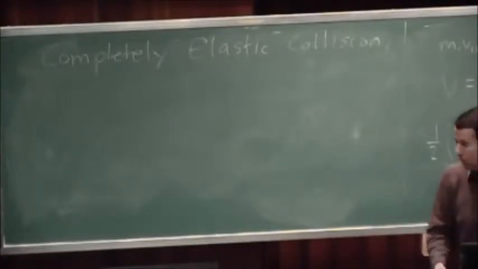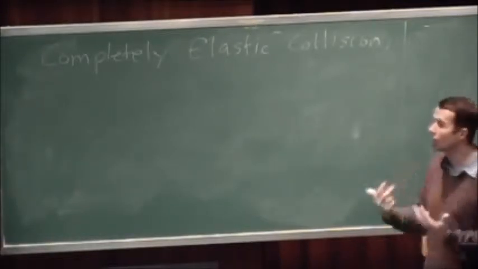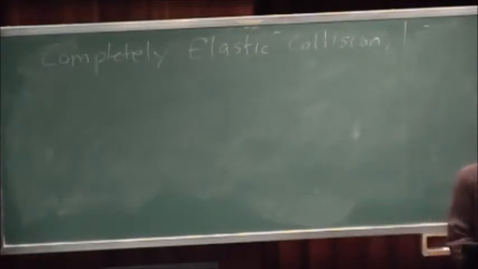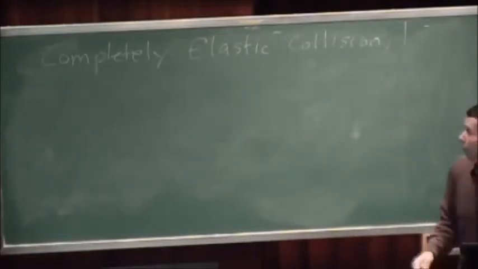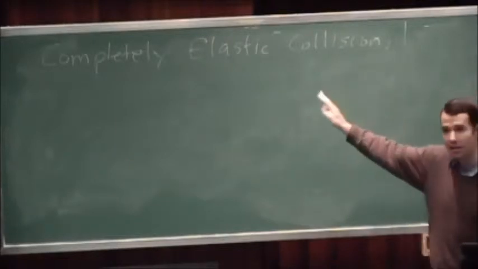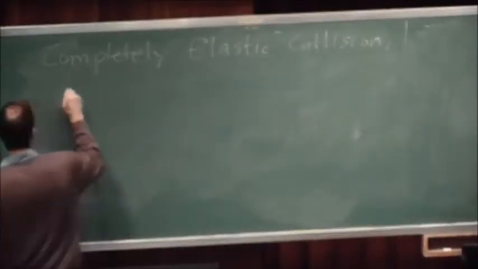That means that some energy was turned into simply audio. So there is no such thing as a perfectly elastic collision that I've seen in the macroscopic world. But when you start talking about microscopic systems, then this is a much better approximation. We can get pretty close to a completely elastic collision. And the one difference between elastic and inelastic is that kinetic energy is conserved.